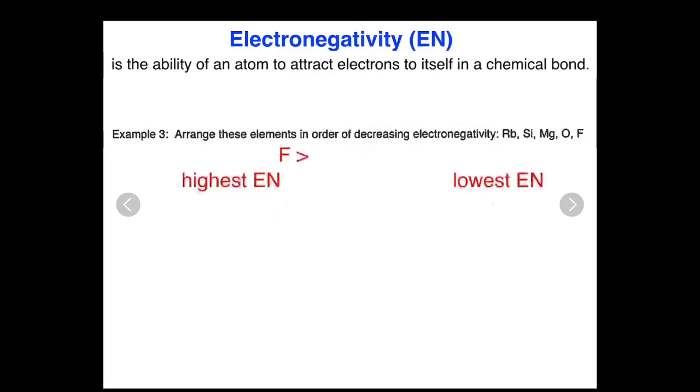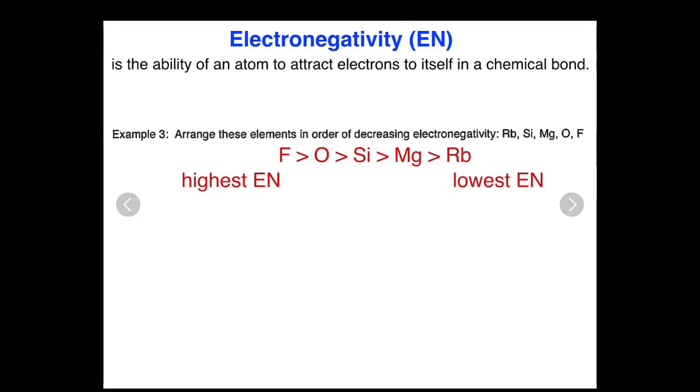According to the trend that we saw earlier, it would have the highest En value because it has the highest effective nuclear charge, and it's also small compared to the rest of the elements except hydrogen, right? And then it's going to be followed by oxygen, and the lowest one would be rubidium because rubidium has the biggest size. It has a very low effective nuclear charge too. Therefore, it's going to have the lowest En value, and then it's going to be followed by silicon and magnesium.